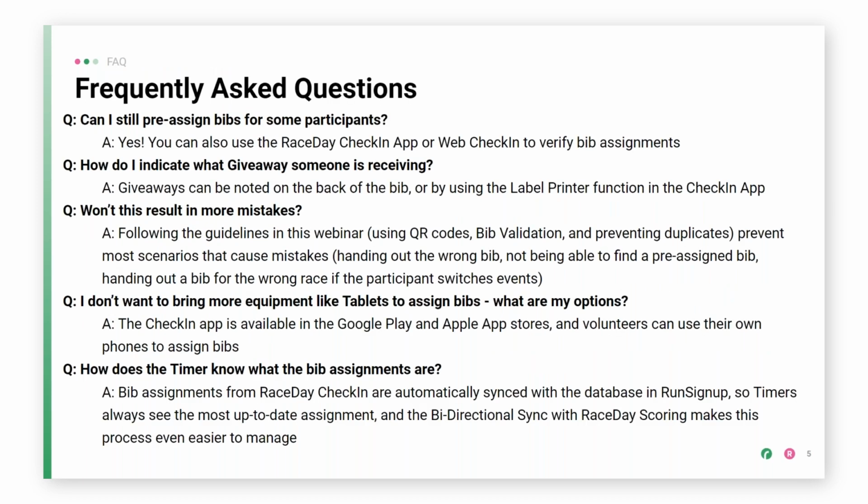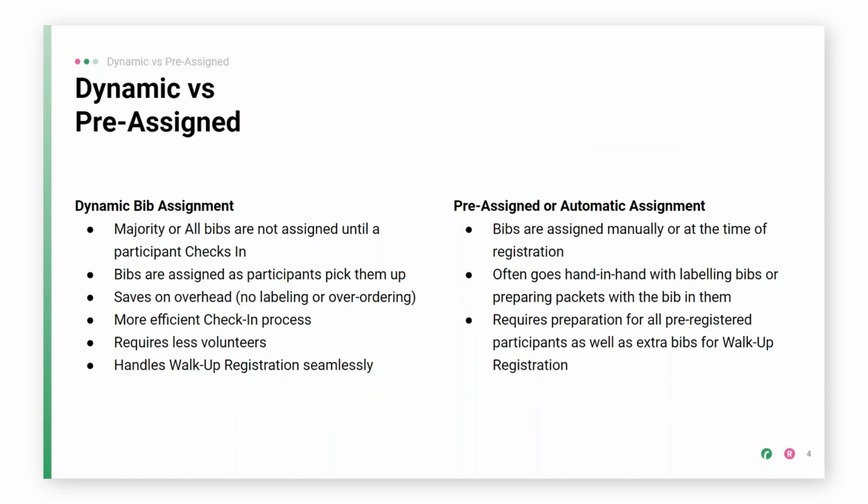In terms of another contrast between the two, if one person grabs the wrong packet in a pre-assigned situation, then 2 people's bibs are screwed up. If someone grabs the wrong bib via dynamic, there are safeguards in place that prevent that, and it's not affecting 2 participants the same way.